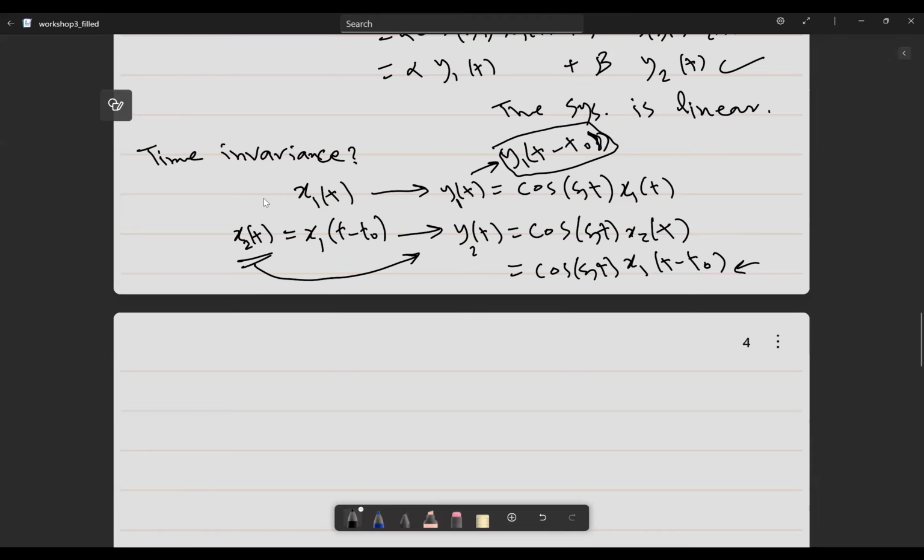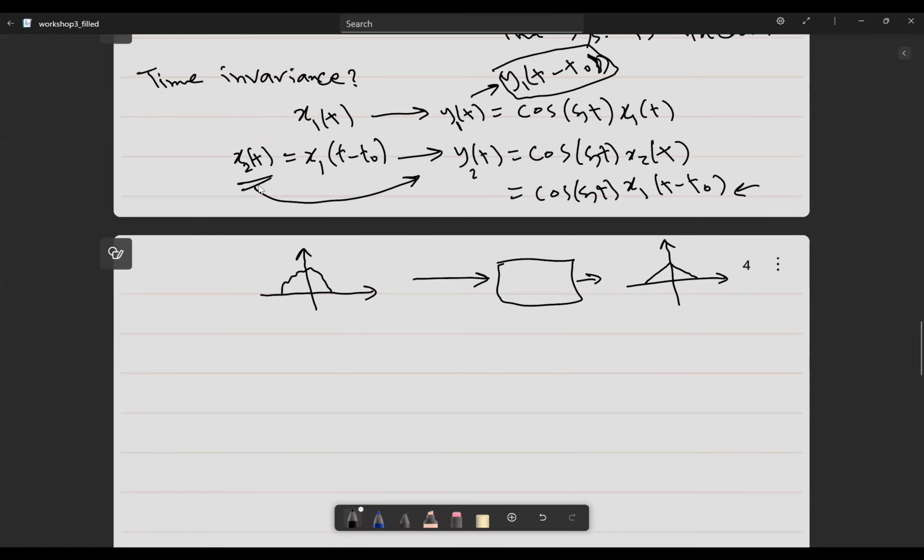What we are saying is that, let's say the input is some signal that looks like this, and we use it as an input to some system. Let's say the output will look like this, for example.